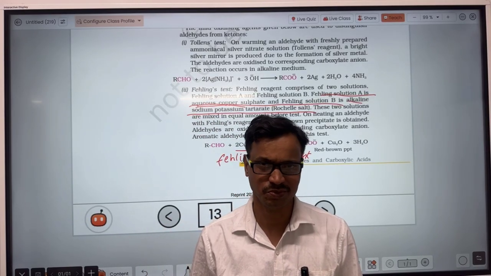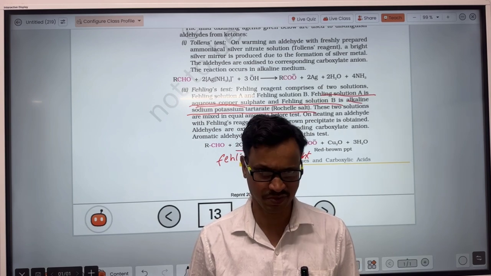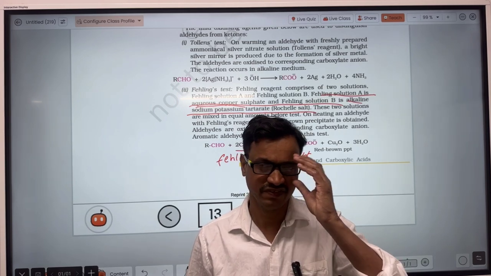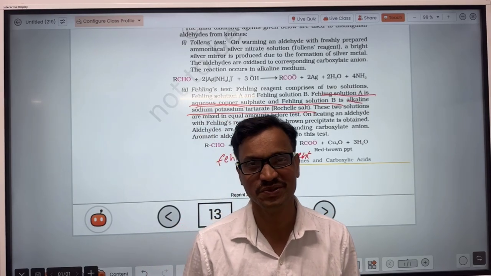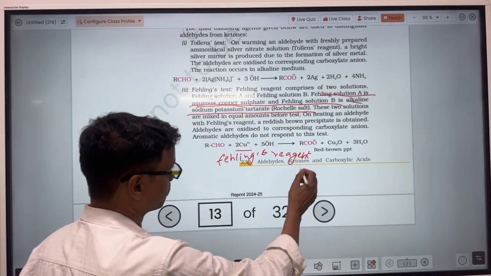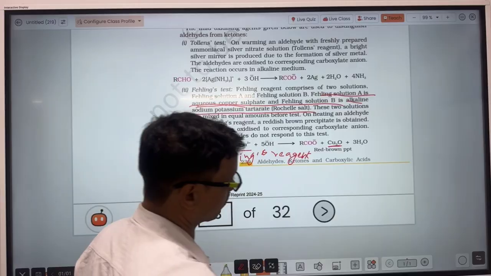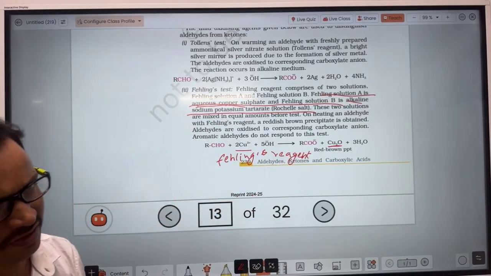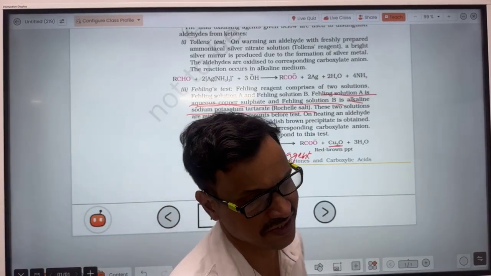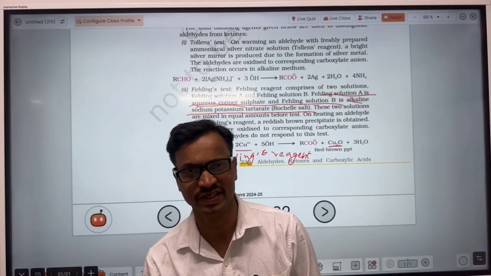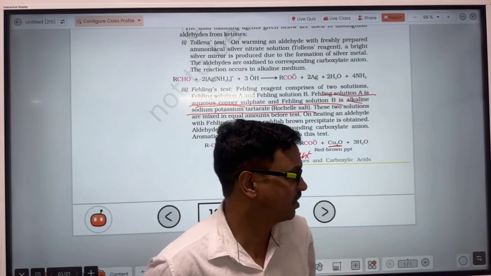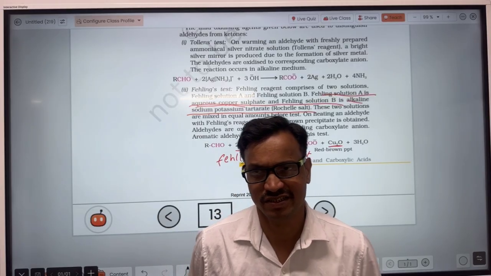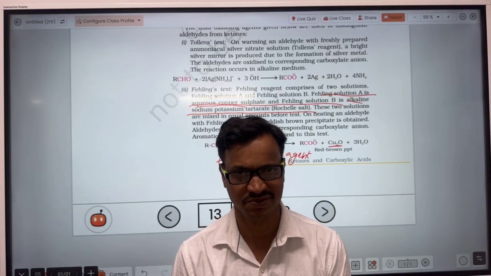That's why it will oxidize the aldehyde into carboxylate ion, and it will be reduced to Cu+, that is Cu2O. This Cu2O is red brown and insoluble in water. Cu2O is much less soluble in water, and it is red brown in color.